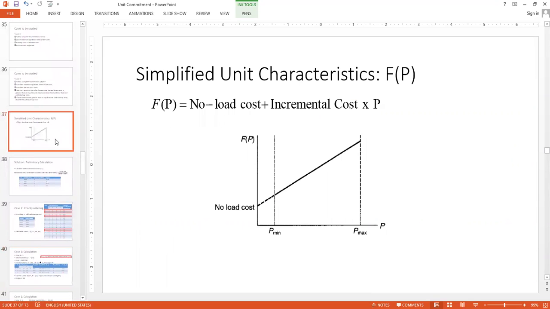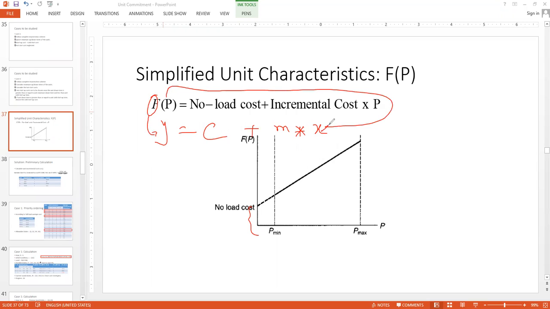However, the unit characteristics are still represented by the simplified straight line relationship, like y equals mx plus c. Here f is the function y, p is our x, c is the constant, and m is the slope, which is the incremental cost.